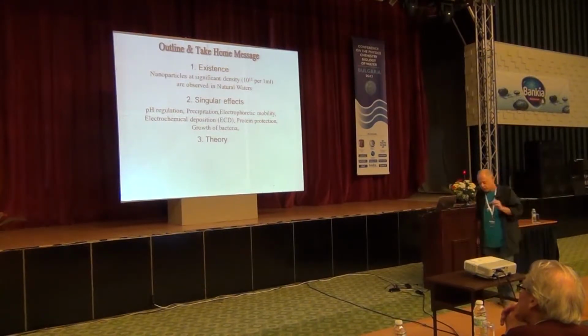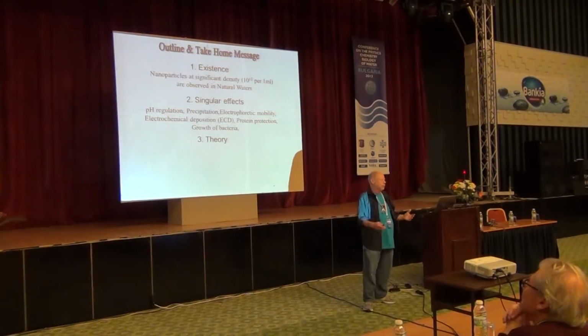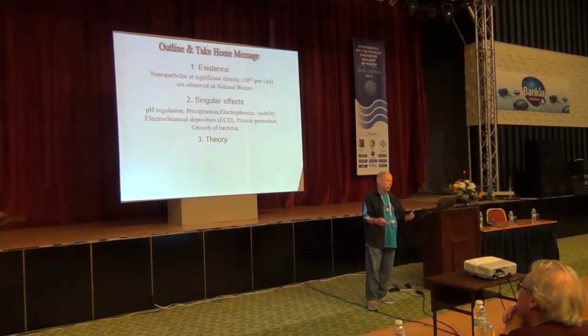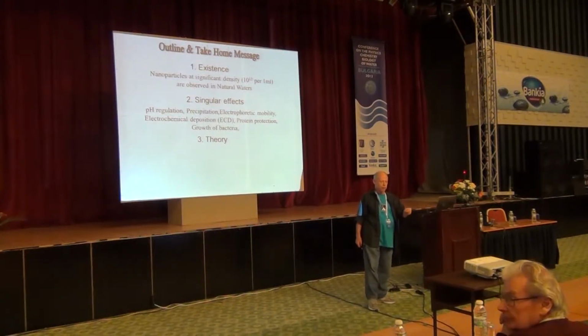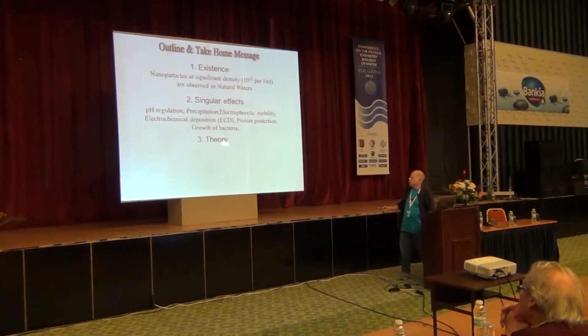And I believe that this is something essential that should be part, if one day we turn what we're doing here into a new discipline, of the theory, one of its very important elements. So I show you some singular effects, for example, on pH, precipitation, electromotility, and mainly loss of bacteria.